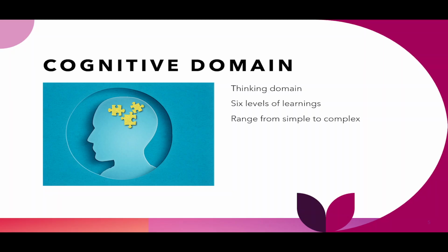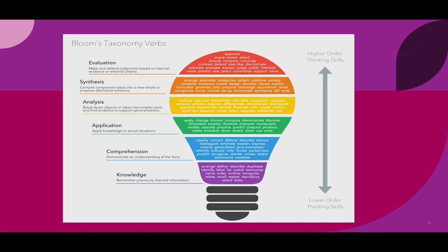The cognitive domain is known as the thinking domain and involves acquiring knowledge, understanding, and the thinking process. There are 6 levels of the cognitive domain, and they range from simple to complex. The knowledge level is the most basic level of this domain because it involves memorization, defining, understanding principles that is provided during instruction.